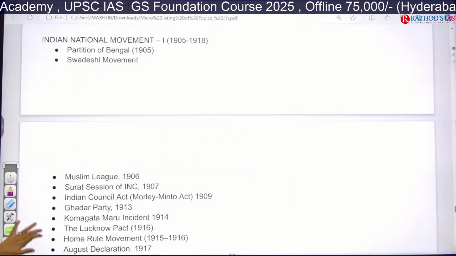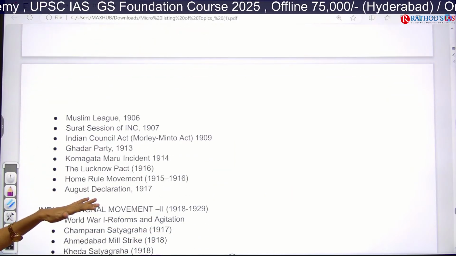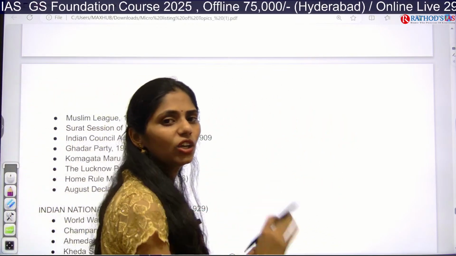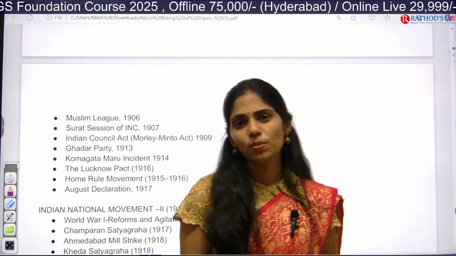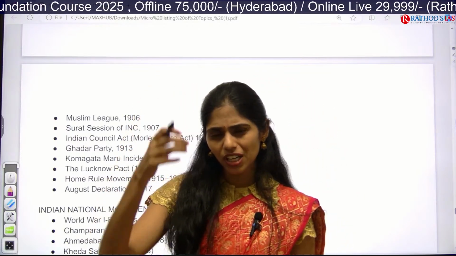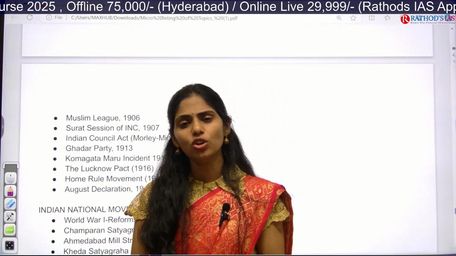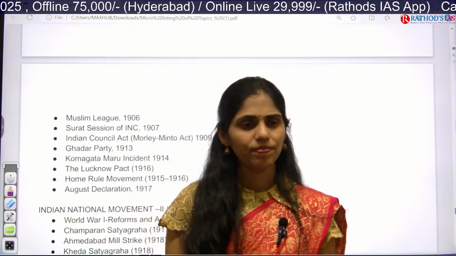And next we have different acts like the 1909 Act and the 1919 Act. Those acts you will be reading in Polity by Lakshmikant. In the first chapter itself you will read this historical background, and there you will study each and every act.